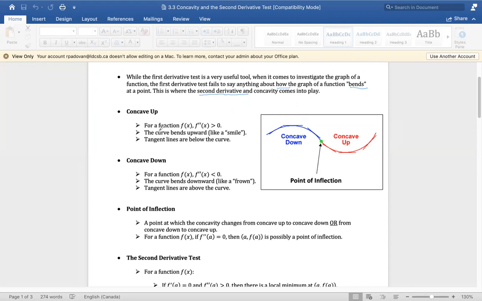The curve bends upwards like a smile. I also think of it as if you're feeling up, like chipper, so you're smiling. And the tangent lines are below the curve. If I was to draw any tangent lines, like you can see some of them here, all the tangent lines that I would draw would be below the curve, and so the curve is above it. So that would be concave up.